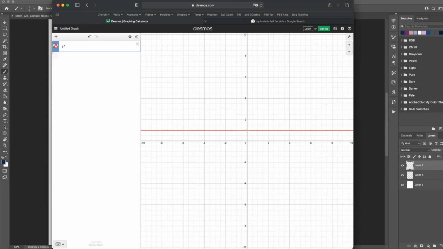Well, 1 raised to the x power is just 1 everywhere. I kind of want to put that in just for funsies, even though we're not really doing that. But it goes through (0, 1), as all of them do. But it's just a flat line, because 1 raised to any power is still 1. If we have 0.5 raised to the x power, we already did this. Looks like that.